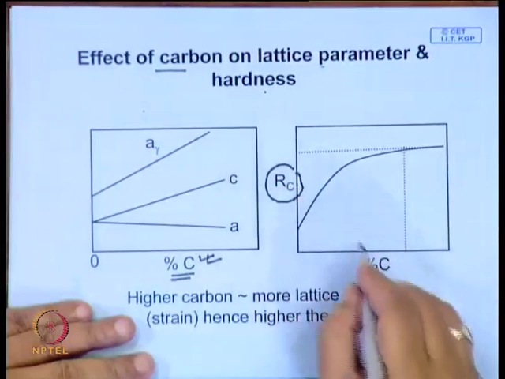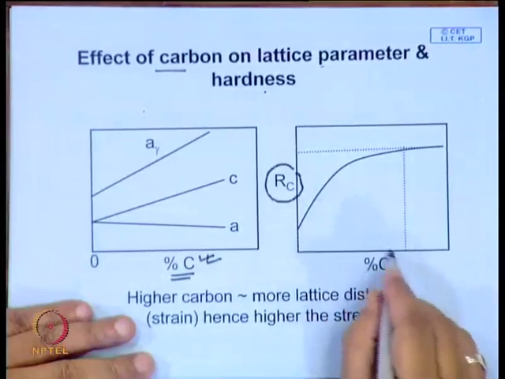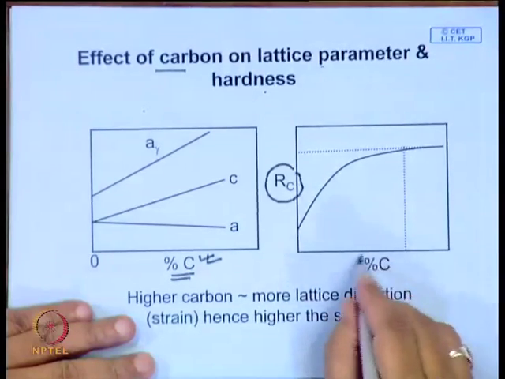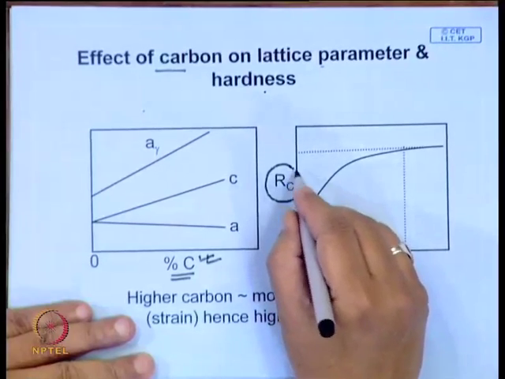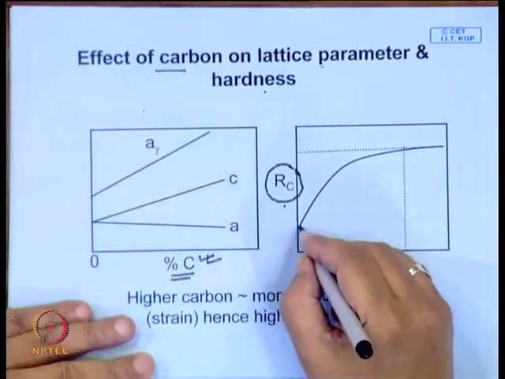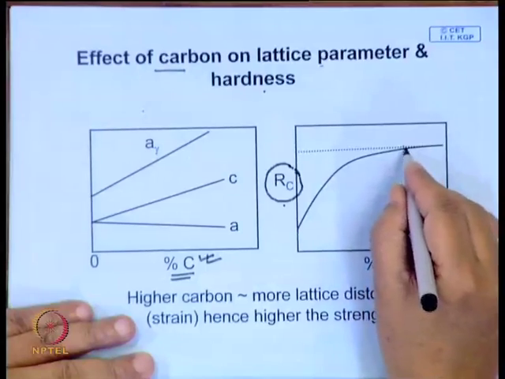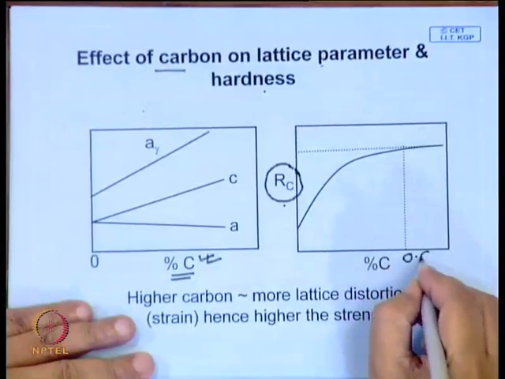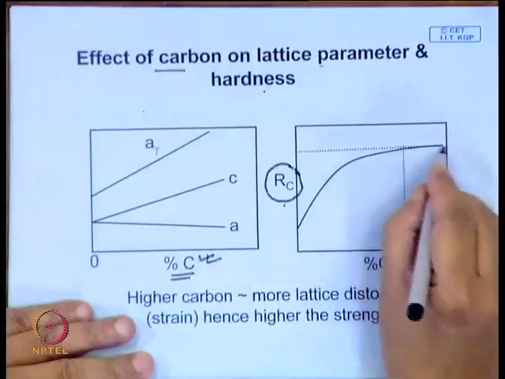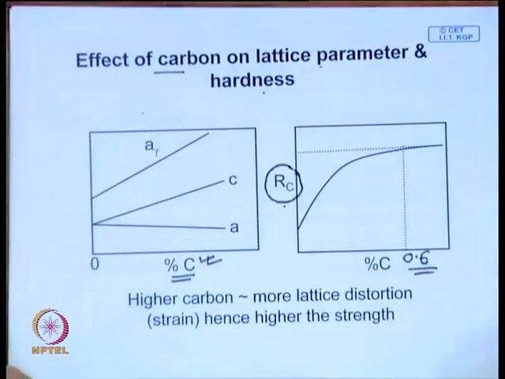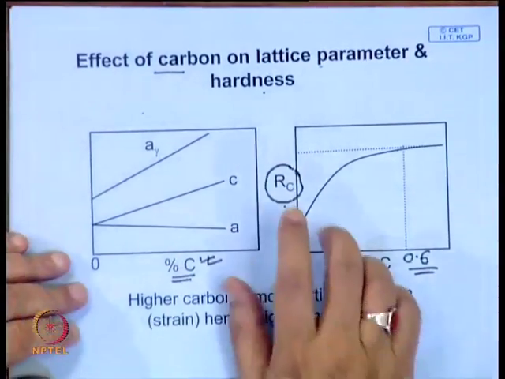And if you measure the hardness for martensite with different carbon contents, you will find there is a relationship of hardness measured on the Rockwell scale. It follows a plot like this, and somewhere around 0.6% carbon, the increase is not significant, but nevertheless the Rockwell scale is not linear.